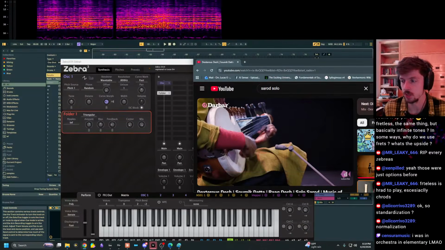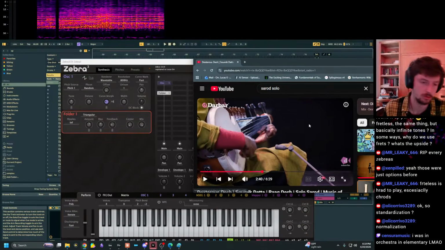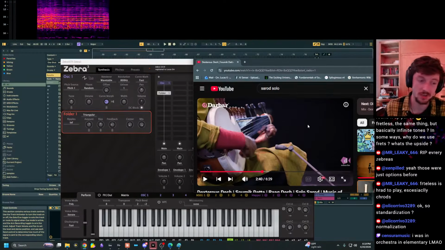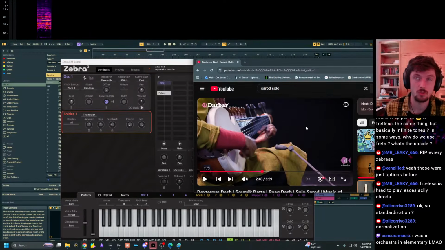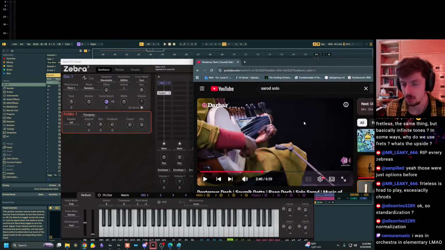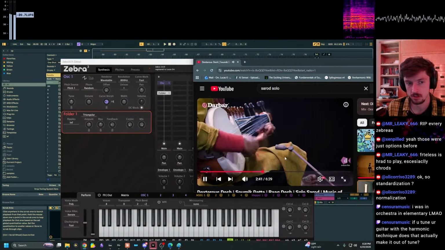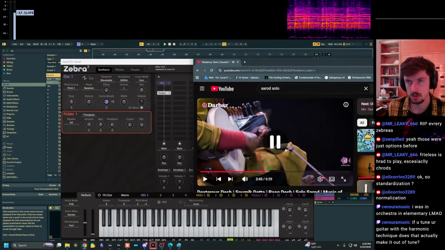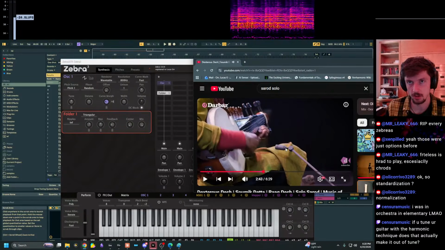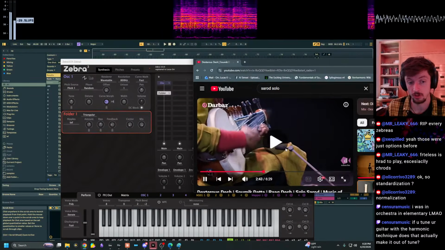If you don't care about pitch bends at all, then... Or intonation, frankly. One of the reasons why fretless guitar is super useful is because you can change the pitch whenever you want, so you can make your thirds perfectly in tune if you want, because in 12-tone equal temperament they're out of tune. And also pitch bends go crazy, right? Though you can already pitch bend to a great deal with guitar.